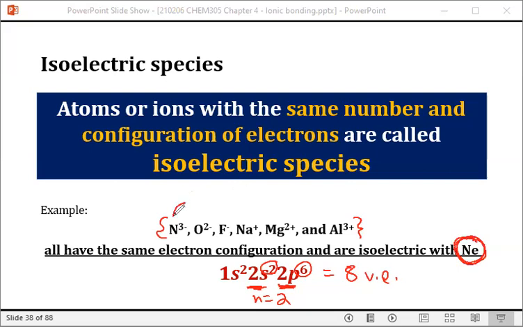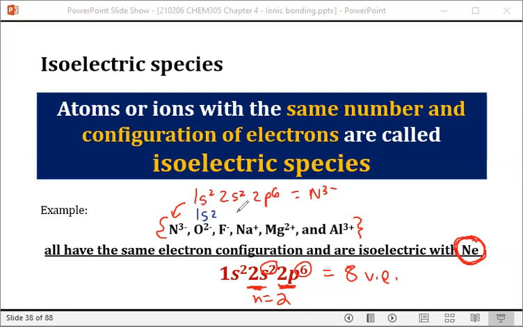So for example, the electron configuration for nitrogen 3- would be 1s2, 2s2, 2p6. That's nitrogen 3-. We compare that to nitrogen, the element, without any electrons added.